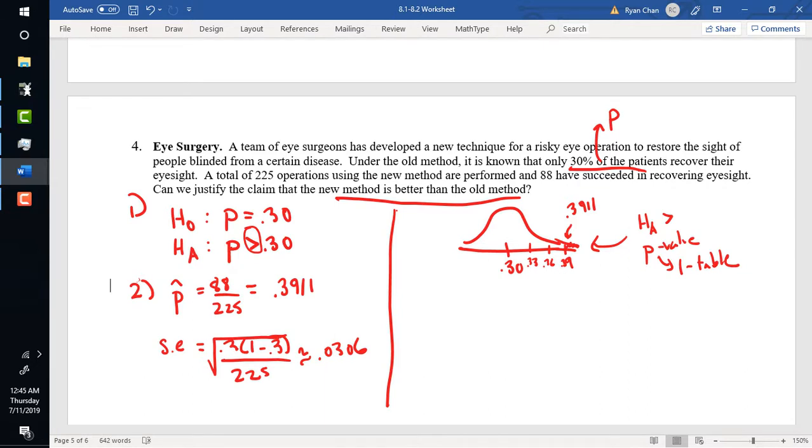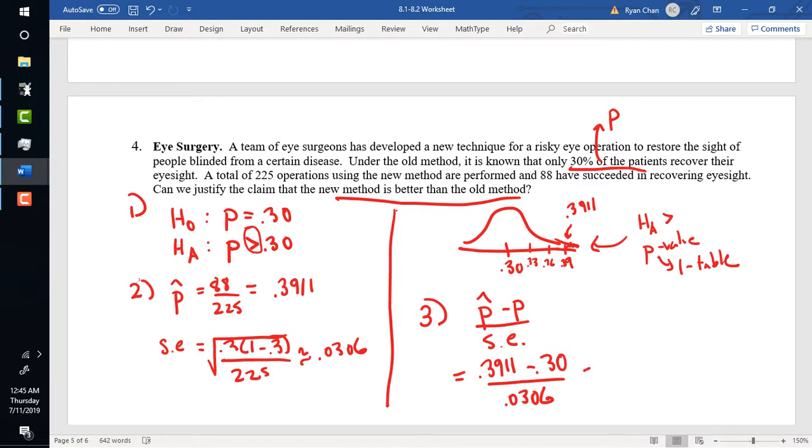So if I'm doing it by hand, let's take a look at the third part. Remember, it is P hat minus P over SE. So my P hat is 0.3911. My P is 0.30. My SE is 0.0306.